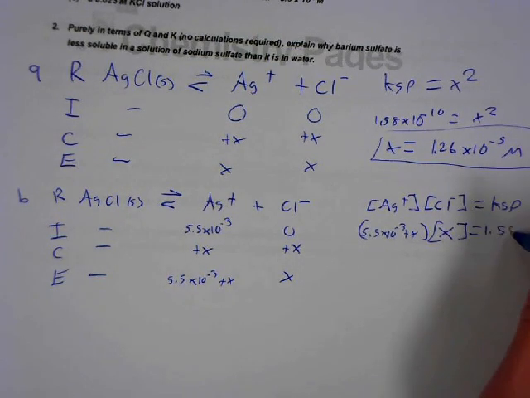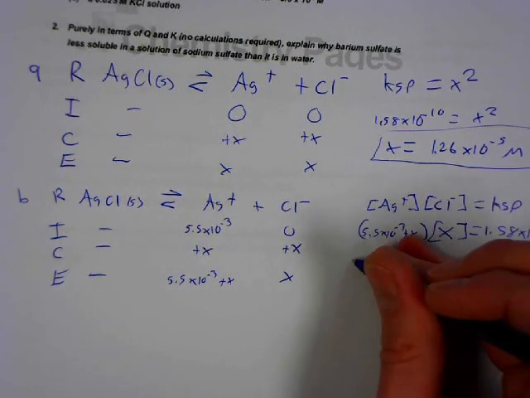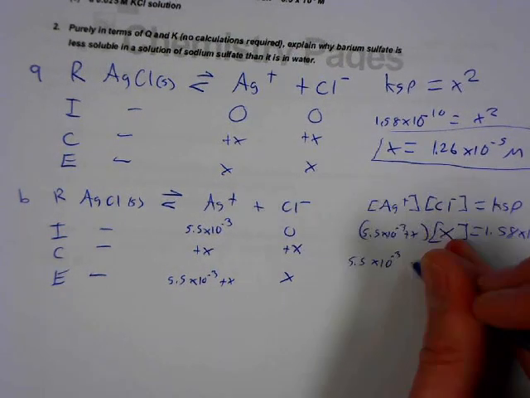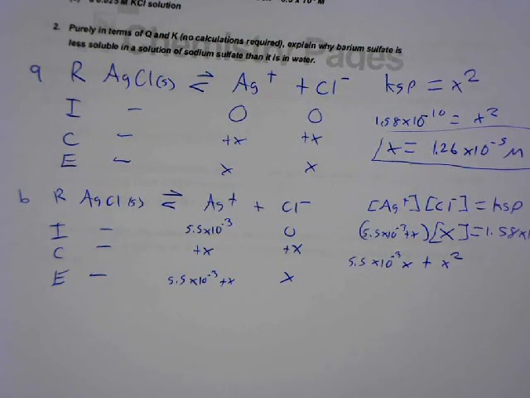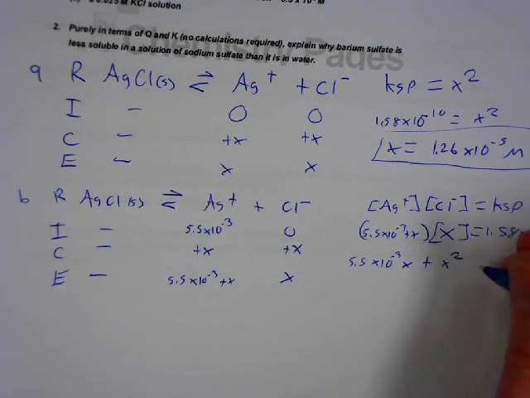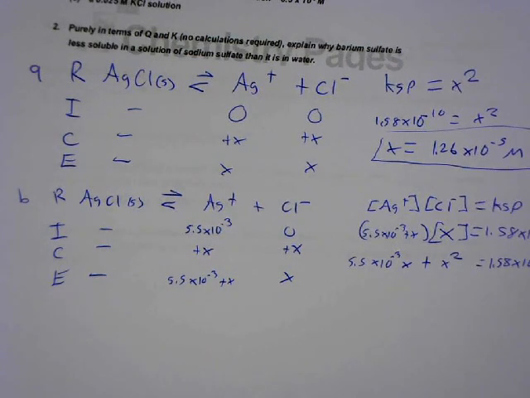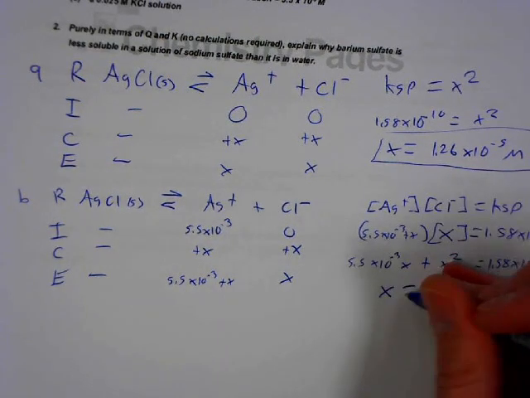And I know that I have 5.5 times 10 to the negative third plus x times x equal to 1.58 times 10 to the negative 10th, which would make this 5.5 times 10 to the negative third x plus x squared, right? Agreed? Is equal to 1.58 times 10 to the negative 10th.